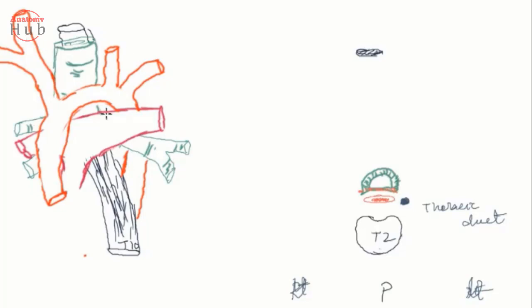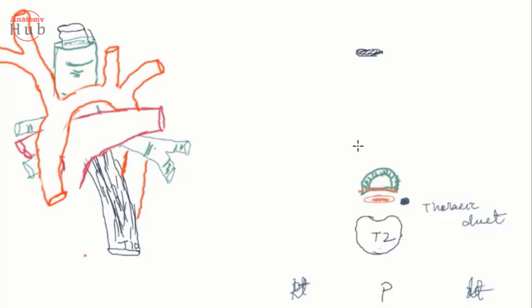So we have done it at the T2 section. Just think that here is your trachea, and just anterior to this trachea we'll find the brachiocephalic trunk.